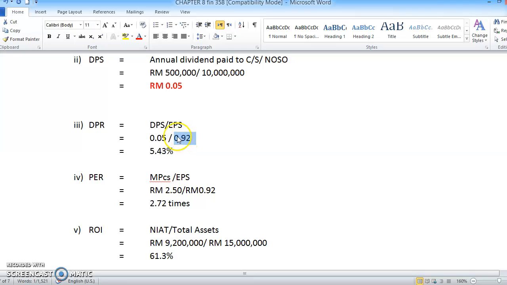EPS yang baru, the new one that we have found in question number 1 which is 92 cent. So 0.05 bahagi dengan 0.92. So you will get this amount lah. Okay, 5.43% in percentage. So the dividend payout ratio is 5.43%, right? So this is the DPR.